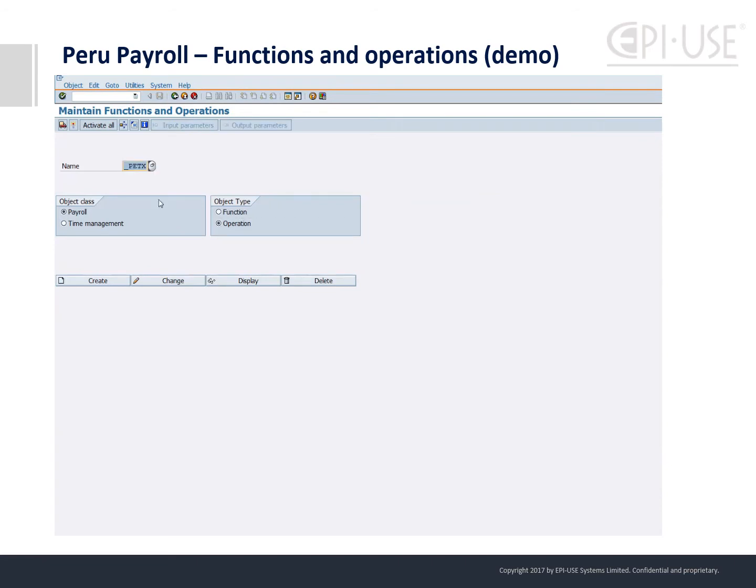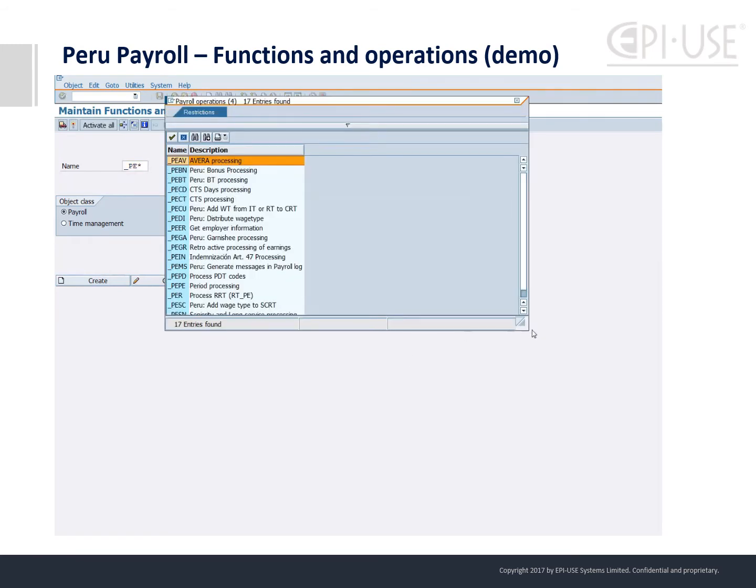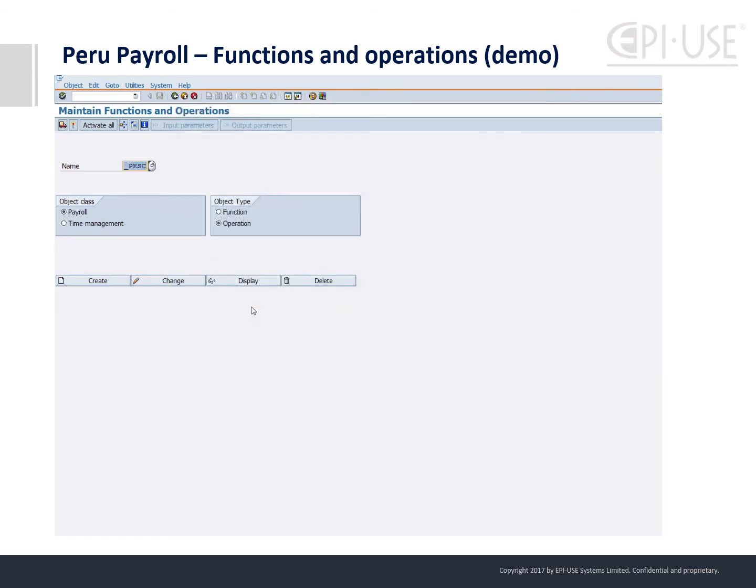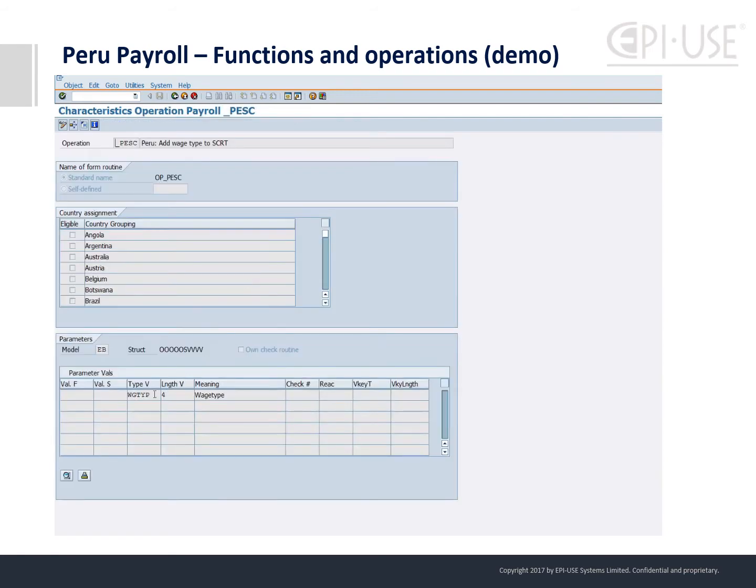The same applies to operations. The Peru-specific ones will start with _PE. So if we have a look at the list of the available ones, for example, let's look at one of them, _PESC, add wage type to SCRT. If we open it, we will also see the parameters.